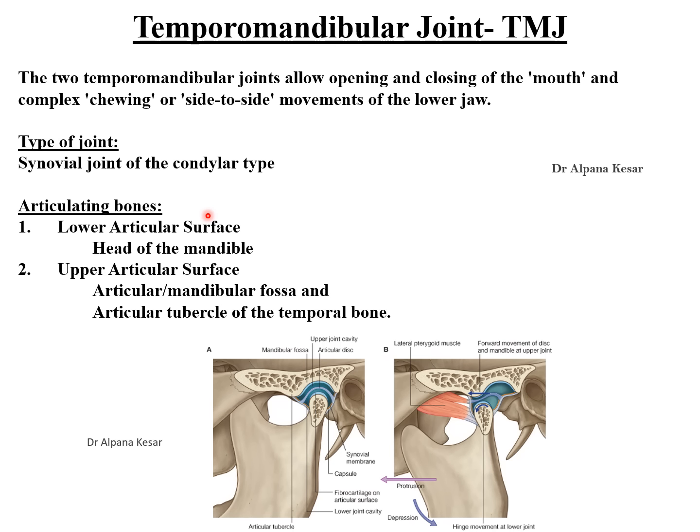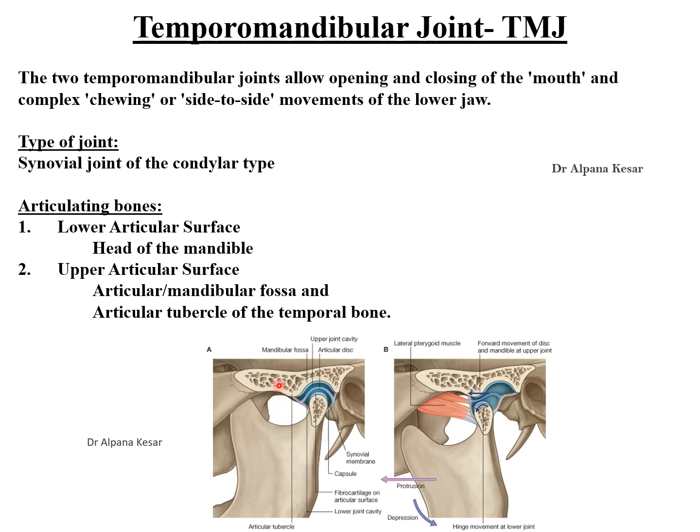The articulating bones are: the lower articular surface is formed by the head of mandible. The upper articular surface is formed by temporal bone.